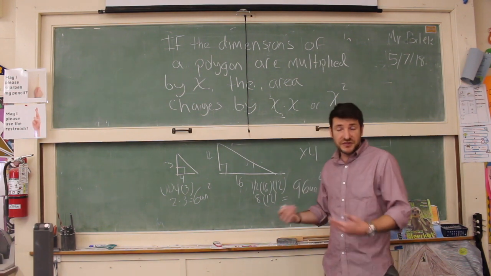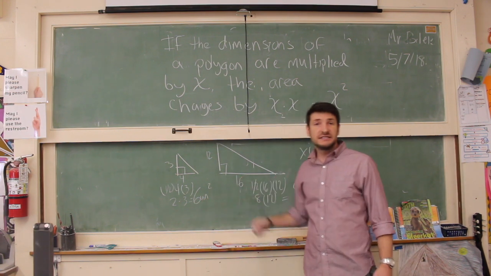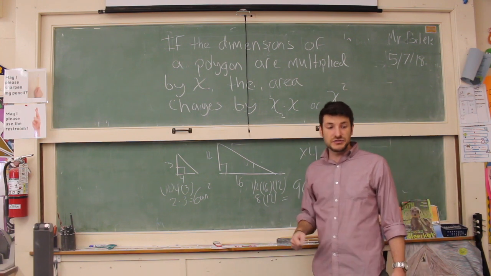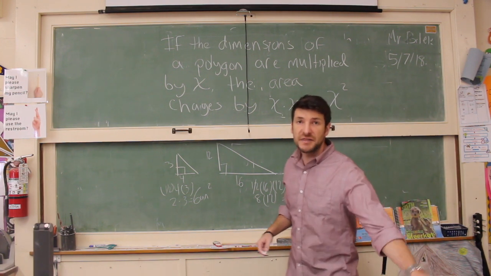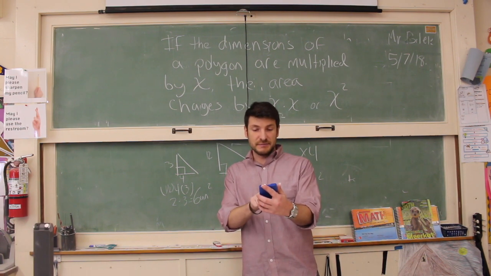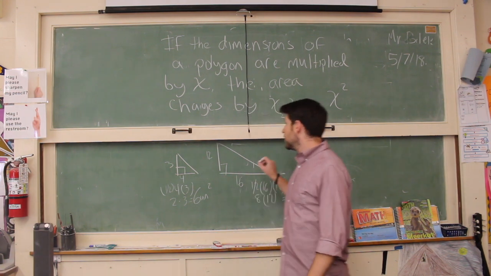If my theory is correct, if I multiply 6 times 16, I should get 96. So, let's go to the great mathematical calculator. 6 times 16 does equal 96.